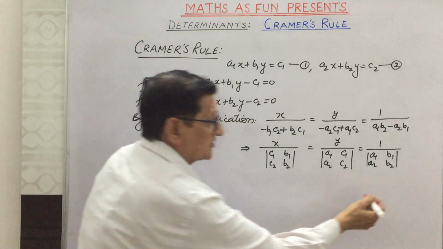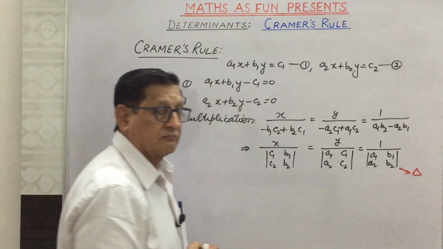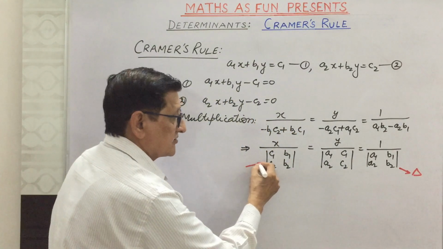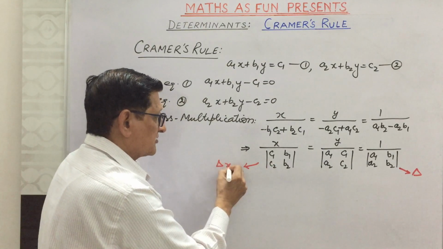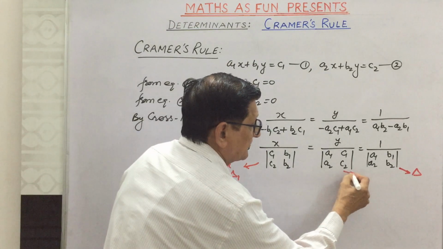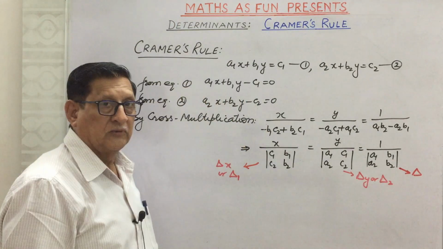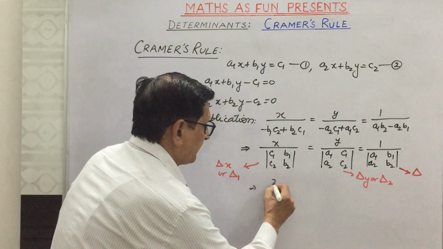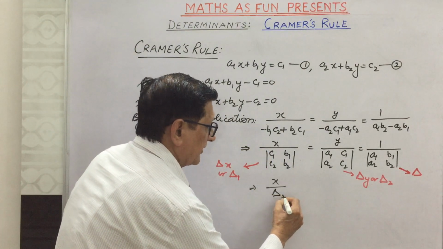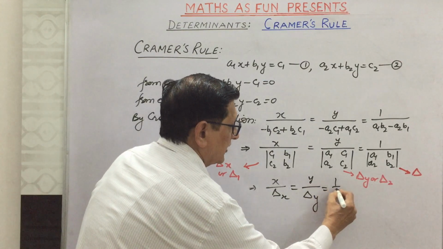We can represent this particular determinant as delta. This one is delta x or delta 1 and this one we can represent as delta y or delta 2. So we can represent this as x upon delta x equal to y upon delta y equal to 1 upon delta.